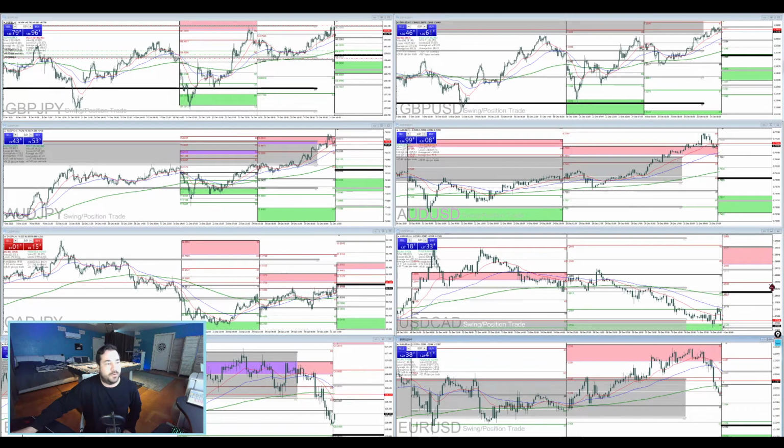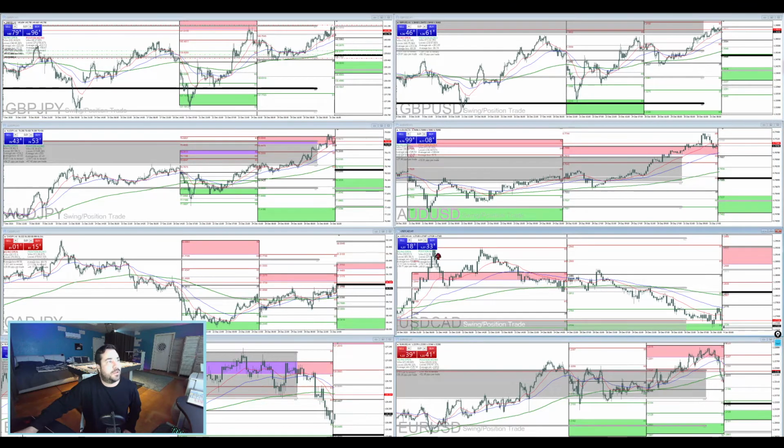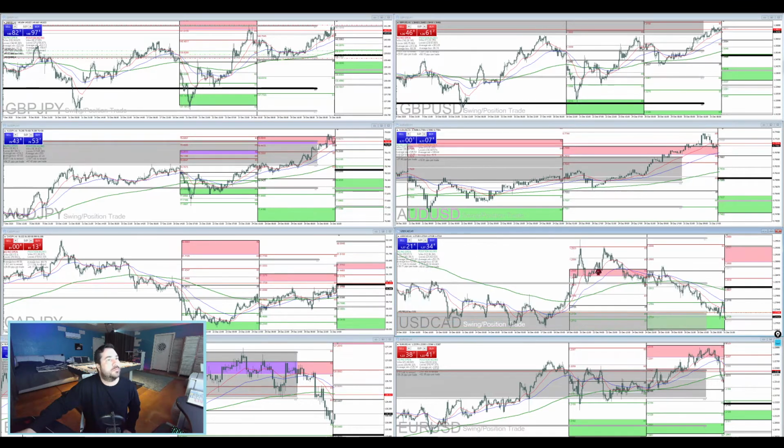The Euro USD is not eligible anymore. The CAD USD is. The Australian US dollar is. So let's go ahead and minimize these ones also. And the Australian USD is eligible still.